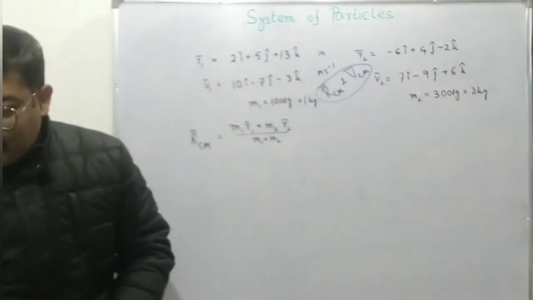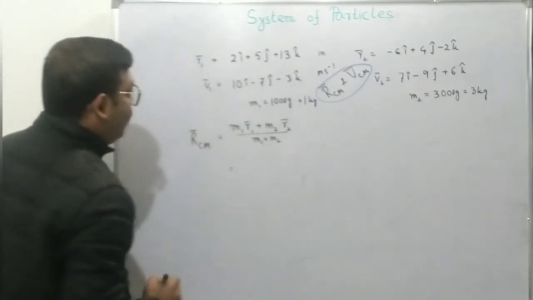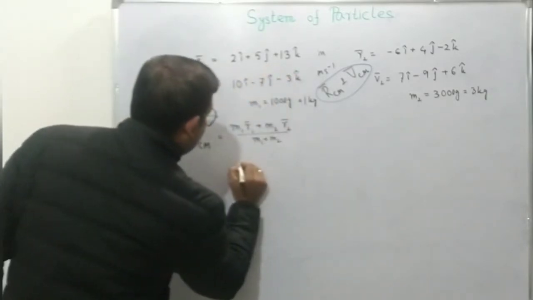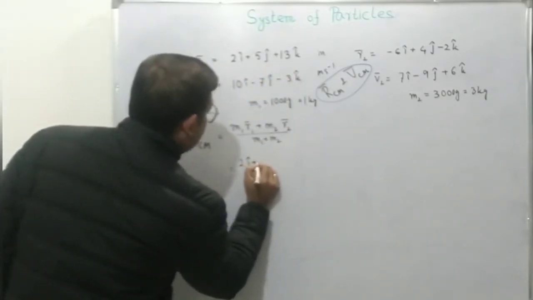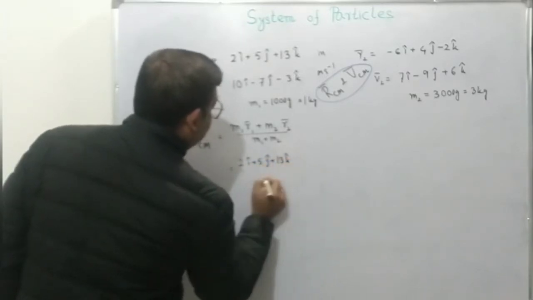So now we are in a position to solve this. RCM will be m1, that is 1, into r1. So this is 2 i cap plus 5 j cap plus 13 k cap.